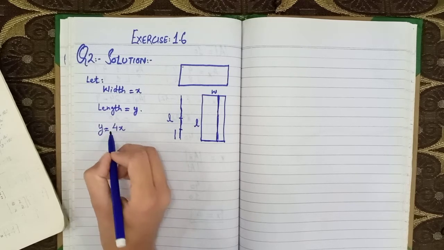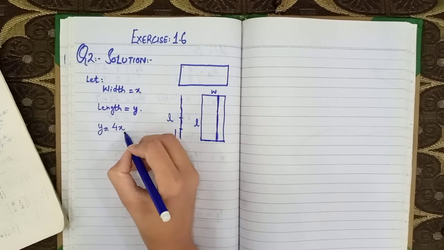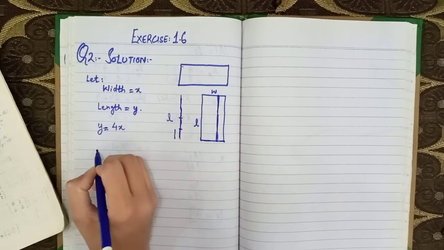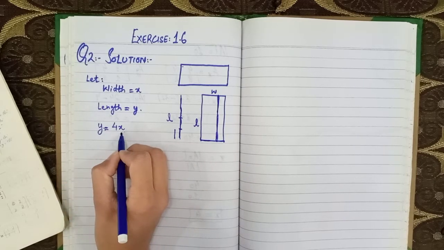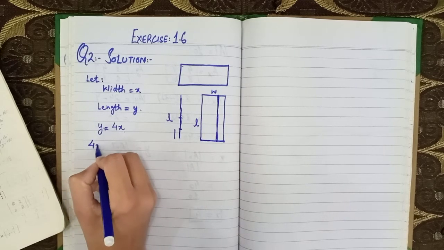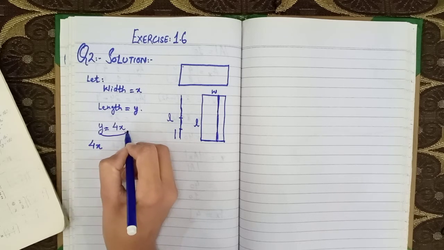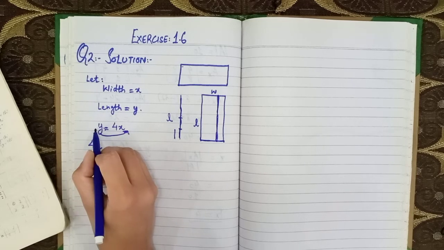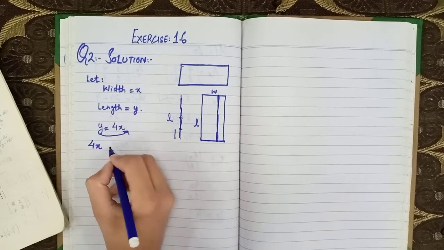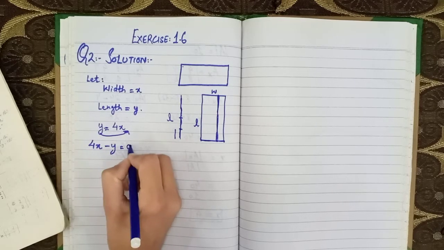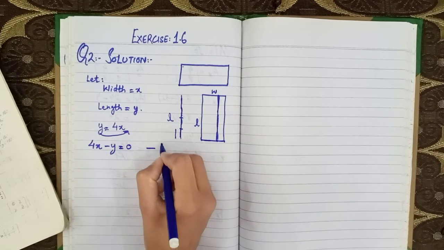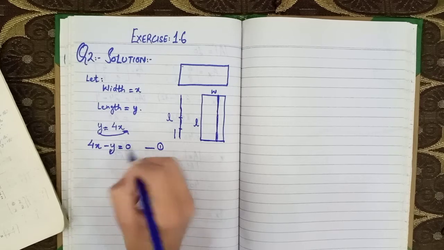Length is equal to 4 times the width. Now I am going to rearrange it. The y is going to be shifted to this side, then the sign which is positive would be changed into negative: 4x minus y equals 0. This is the first equation.